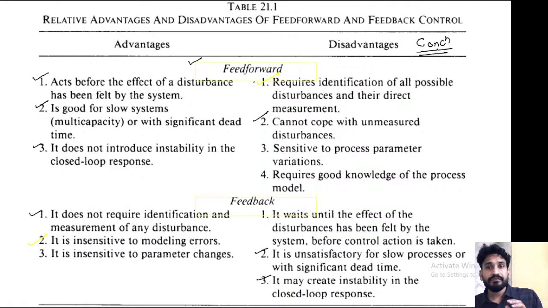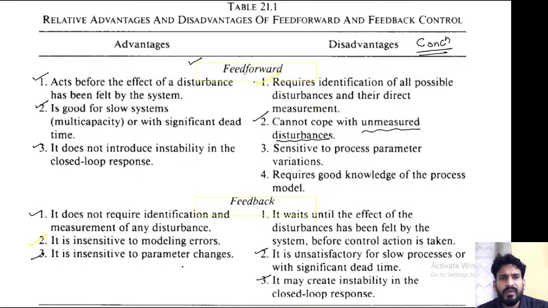But to measure the concentration, there is no such kind of meter. Okay, so if it is not measured, then those disturbances are called unmeasured disturbances. So we cannot apply the feed forward for that.